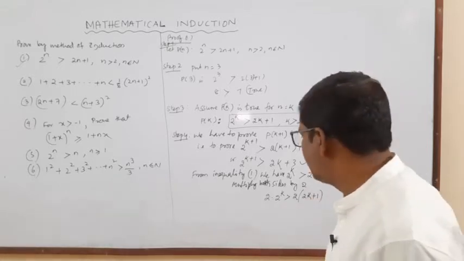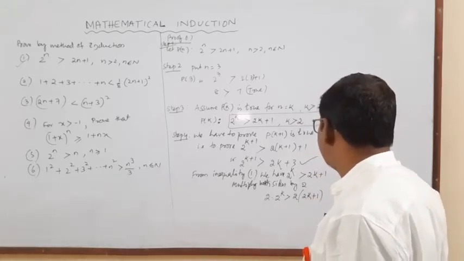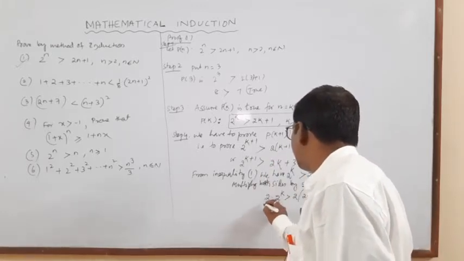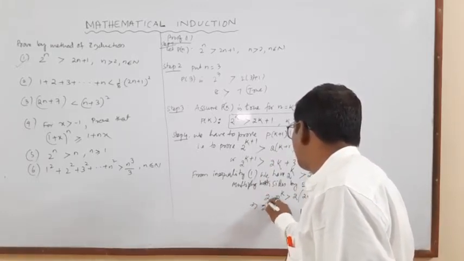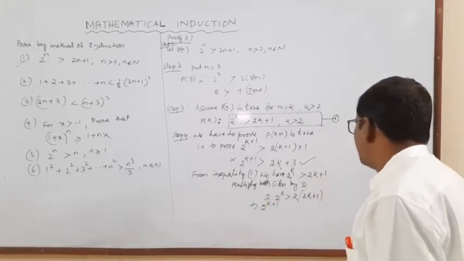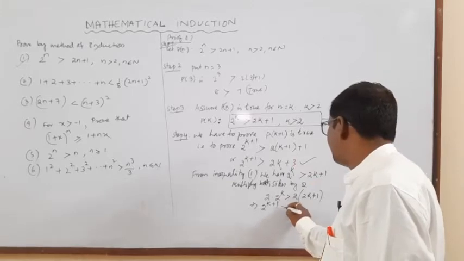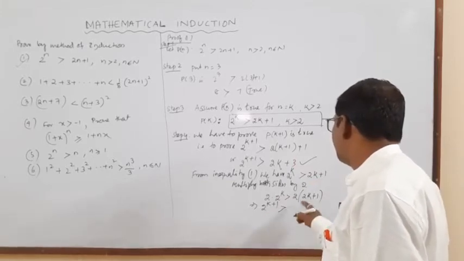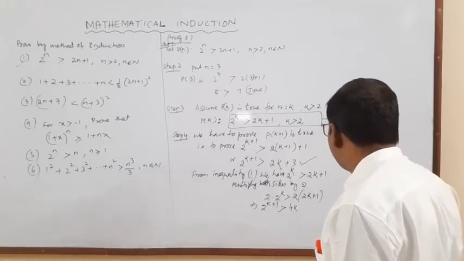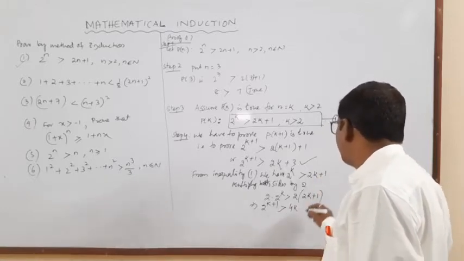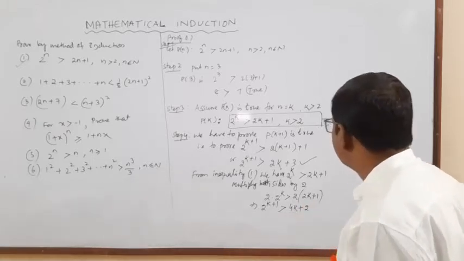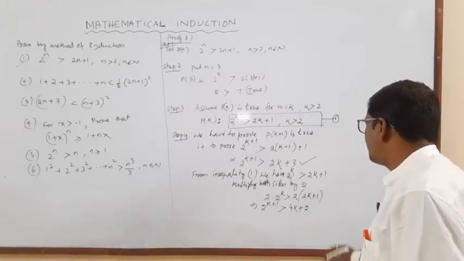That implies 2 to the power k plus 1 is greater than 4k plus 2. Suppose this is inequality 2.